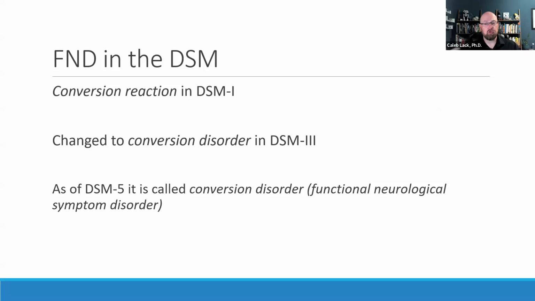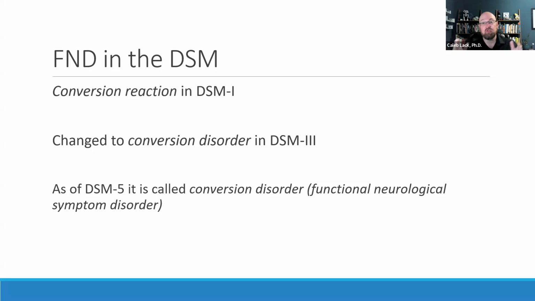As I'm sure you know from your history, a lot of our conceptualizations at that time were heavily psychoanalytic, psychodynamically influenced. So the idea of conversion was that I'm taking my psychological distress and converting it into some sort of physical symptom, right? So it's a conversion reaction.